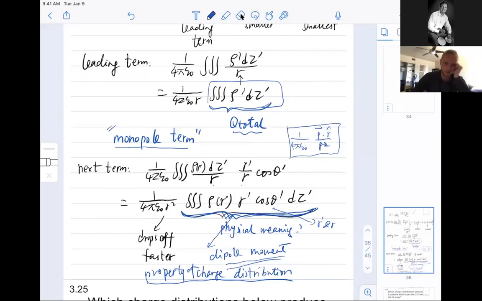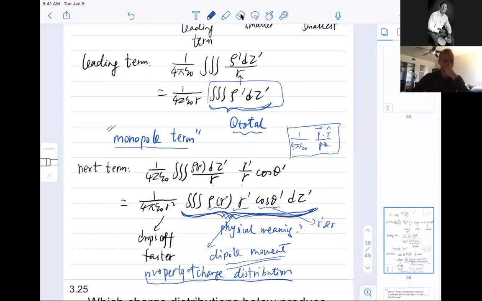I've got this charge located here, and I've got some more charge located there. That's what I mean by distribution, right? So you can see in this expression, you have some density at some location, at some angle. So that's a description of distribution: where do you have what density where? Okay, thank you for asking that.